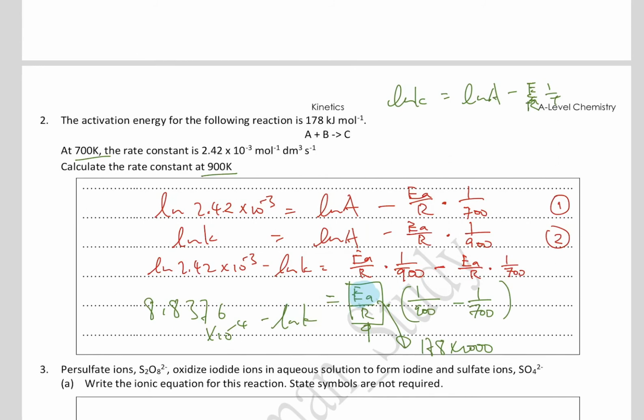And lastly, 8.876 plus 4, then adding 6.7999, then you should have this, and then e to the power.